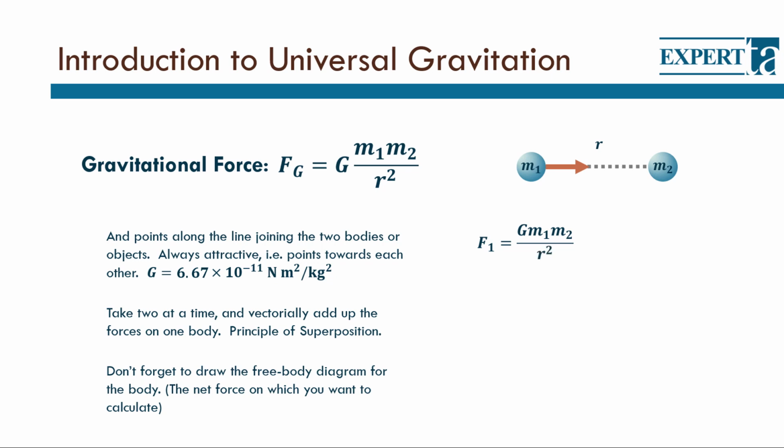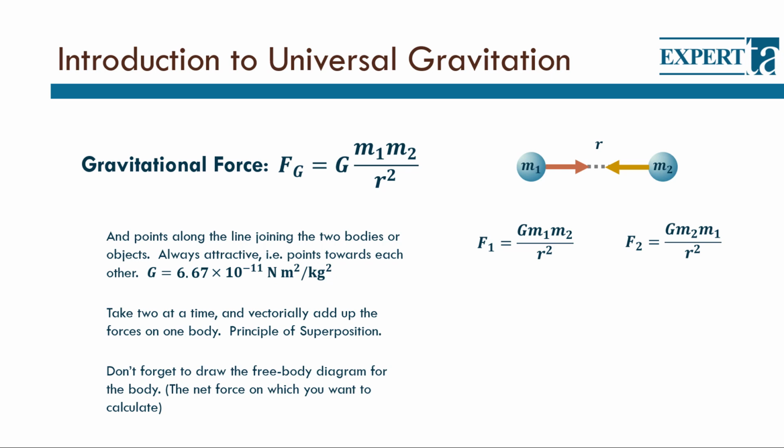Now the force that m1 exerts on m2 will be along the line, and F2 will be G m2 m1 over r squared.